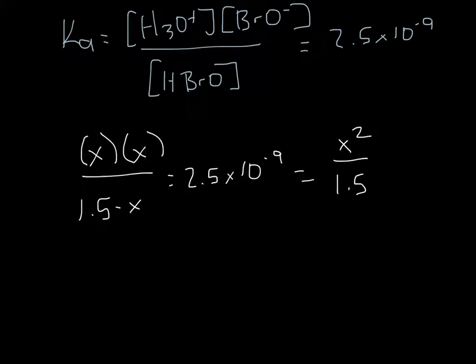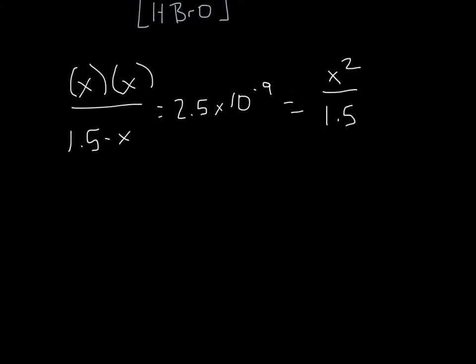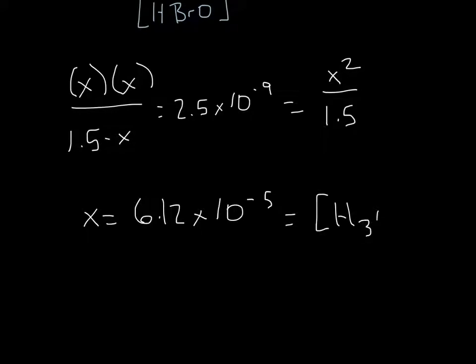All I need to do now is solve for x, and when I do that, I get that x equals 6.12 times 10 to the negative 5th. I've kept an extra digit here, and this is equal to the hydronium ion concentration.